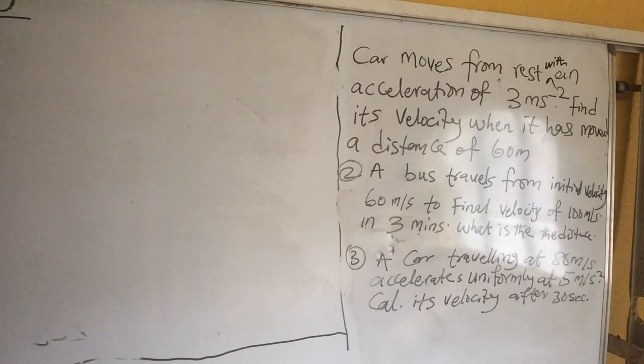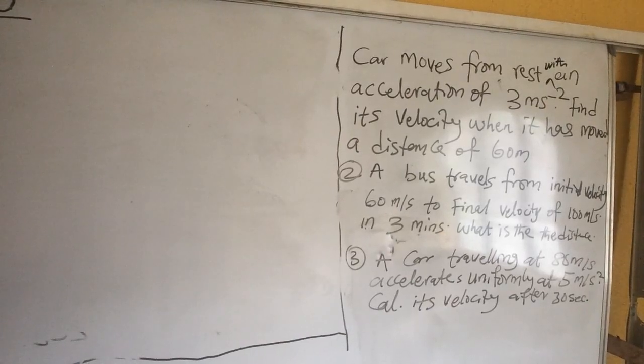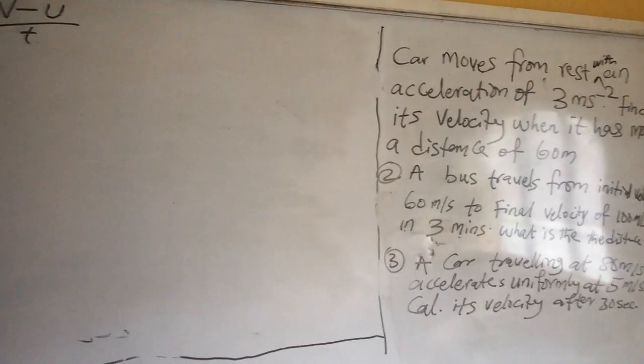They gave us time, which is 3 seconds. Then they say calculate its velocity. From here they say a car traveling at a velocity accelerating uniformly like this. Calculate its velocity after 30 seconds.